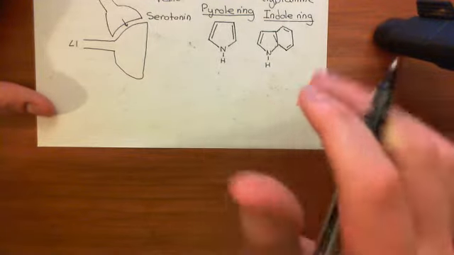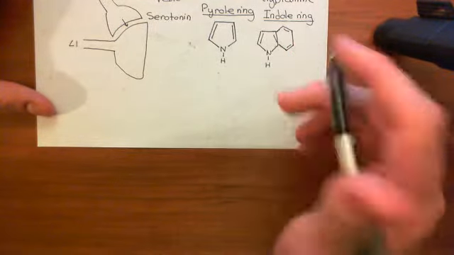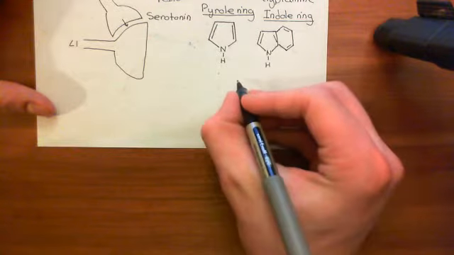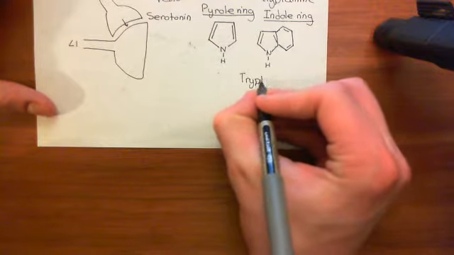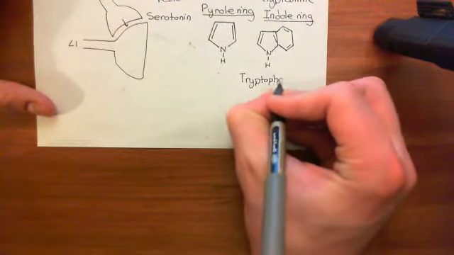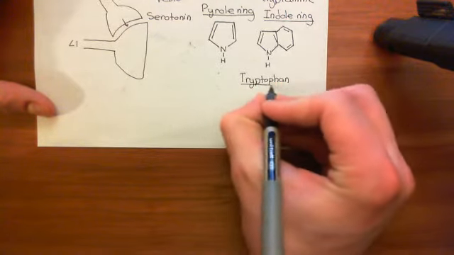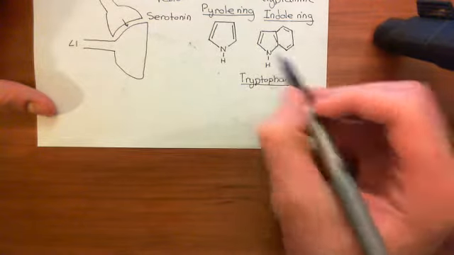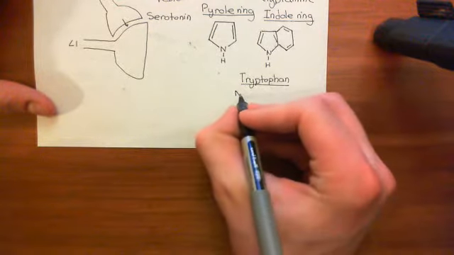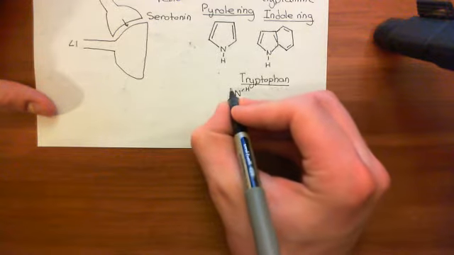Now what we're going to see is that tryptophan contains the indole ring. If we now show the structure of tryptophan, we'll start with the core amino acid structure, and then the R group of tryptophan is going to be an indole ring. So here's the amino group.